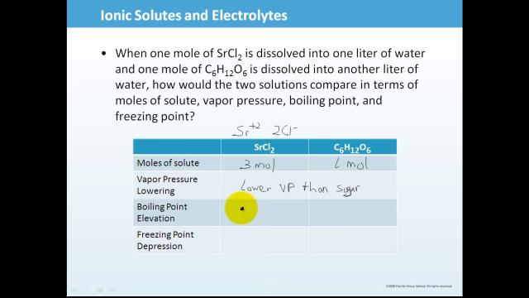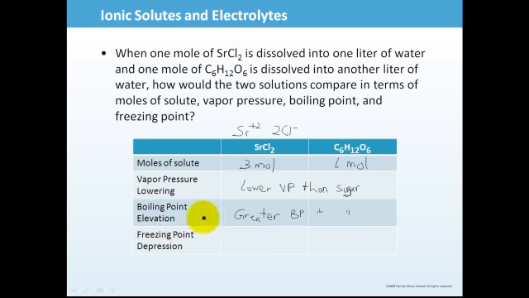In this case, the boiling point elevation will be greater for the SrCl2, so a greater boiling point than sugar. They both will go up, but the SrCl2 will go up more than the sugar does because there's more particles there.